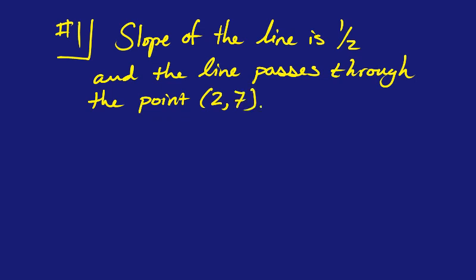So taking a look at what we have and what we've been given is always a good idea to start. So we already know the slope, and we've been told that the slope is 1/2, and we've been told that there's this point 2, 7.